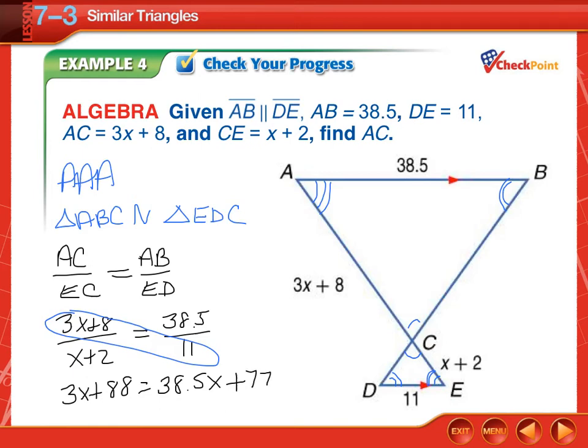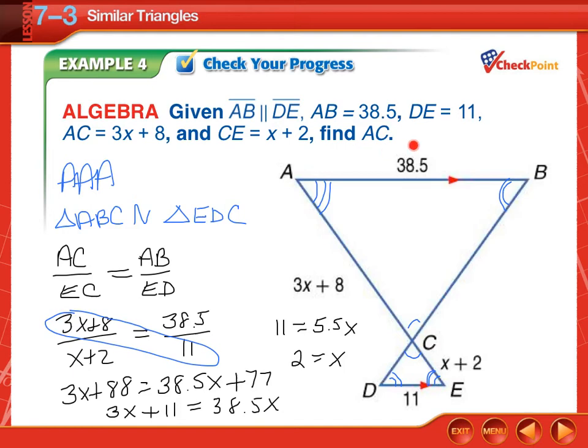All right, I'm running out of room. If I subtract 77 from both sides, I end up with 3x plus 11 over here equals 38.5x. And if I subtract 3x from both sides, I have 11 equals 5.5x. Therefore, x equals 2 if I divide both sides by 5.5.